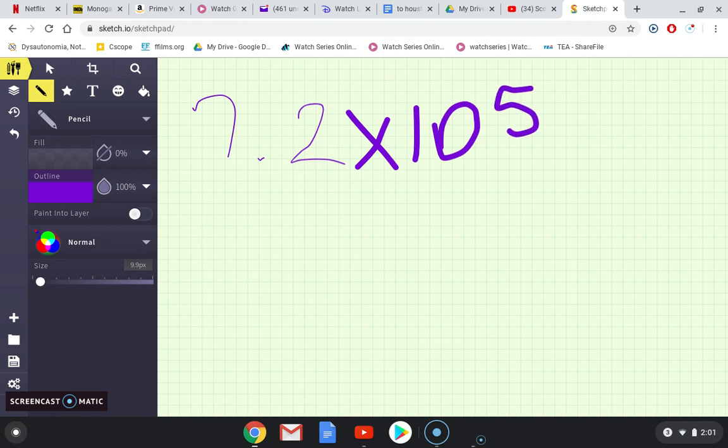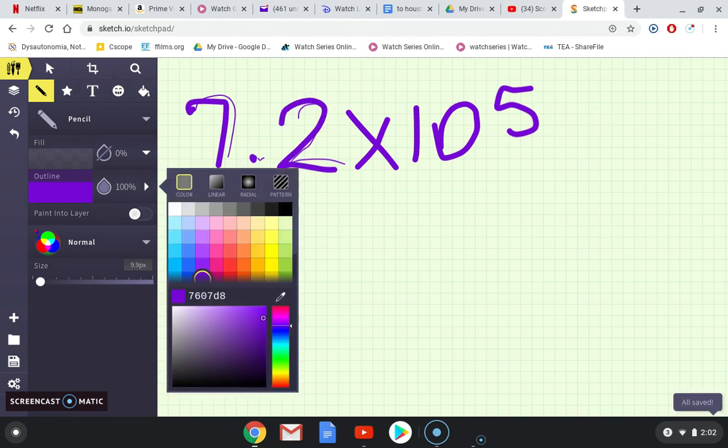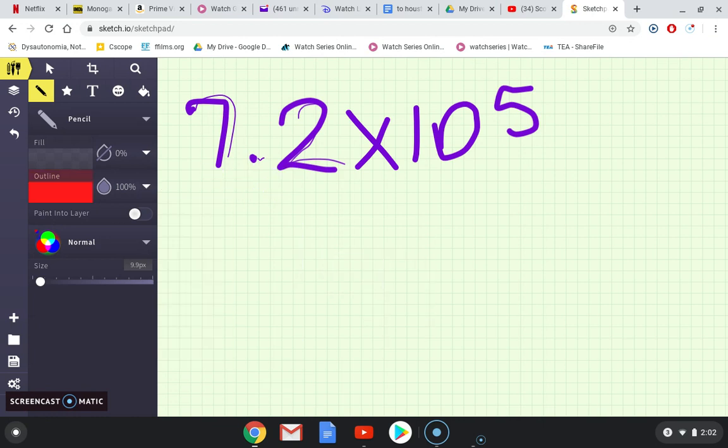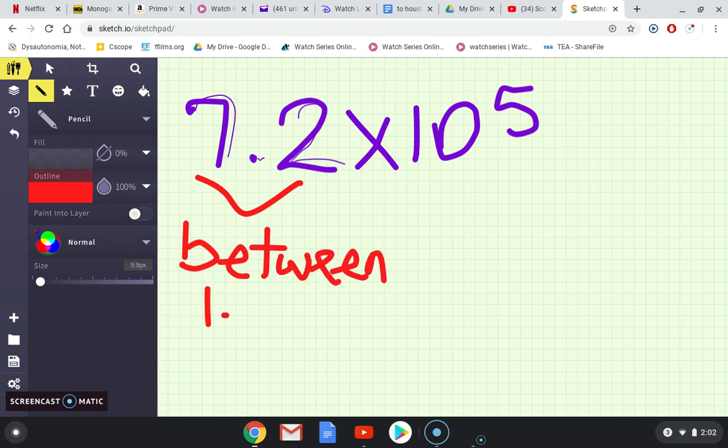All right, so 7.2 times 10 to the power of 5. We have three sections. This first number has to be between 1 and 10. All right, so make sure you're writing this in your notes.